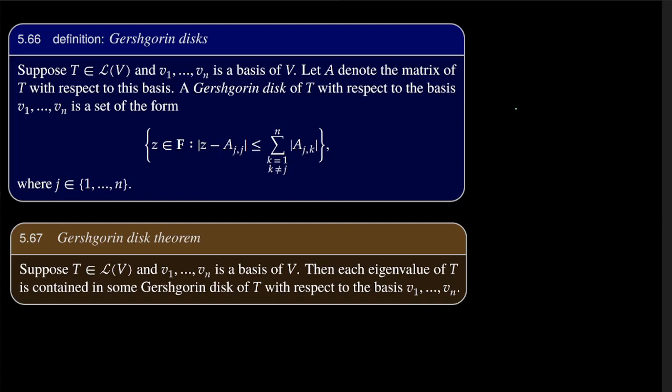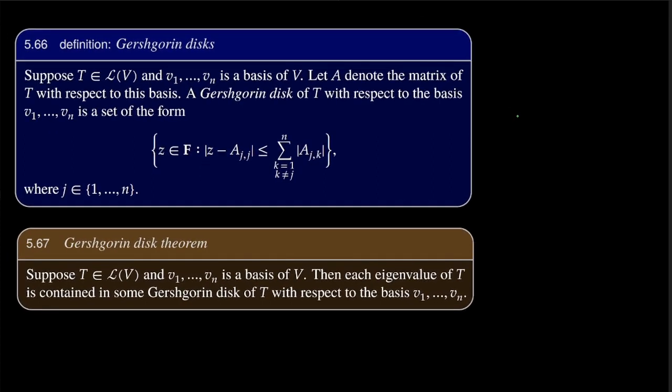Here's a nice fact. If you take the matrix of an operator with respect to any old basis, and that matrix turns out to be diagonal or upper triangular, then the eigenvalues are just on the diagonal. Okay, cool. Now, if you don't get a diagonal matrix, how far away from the diagonal entries can the eigenvalues be? The answer is not too far.